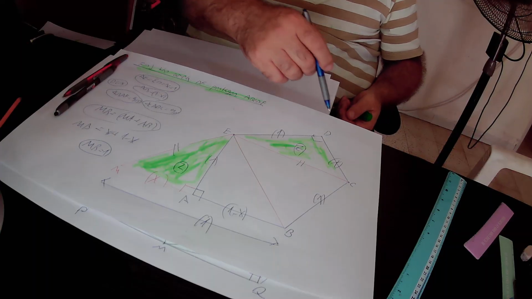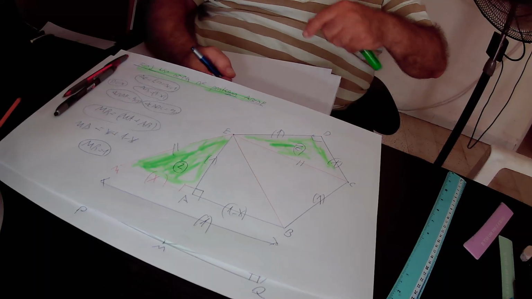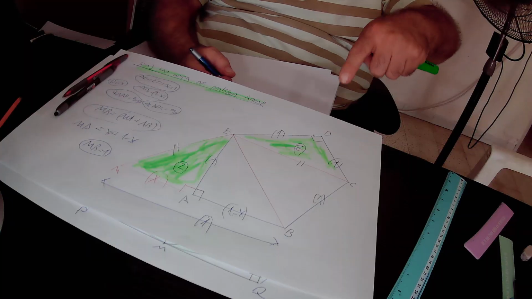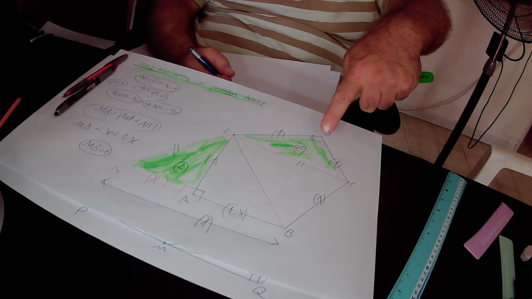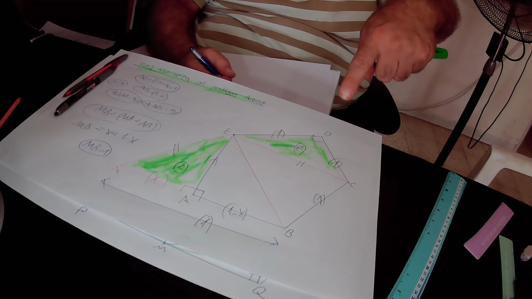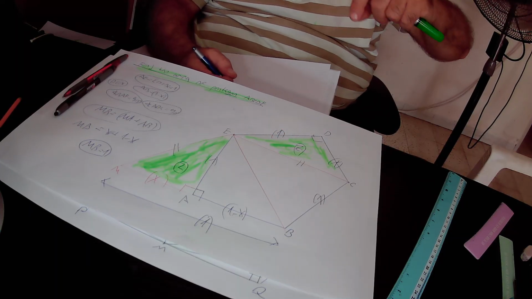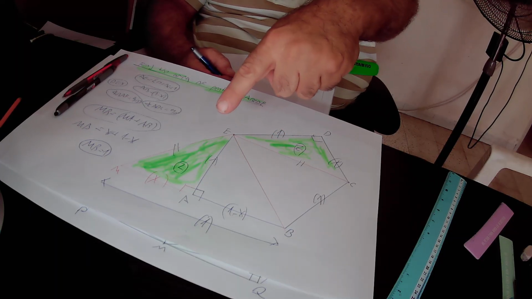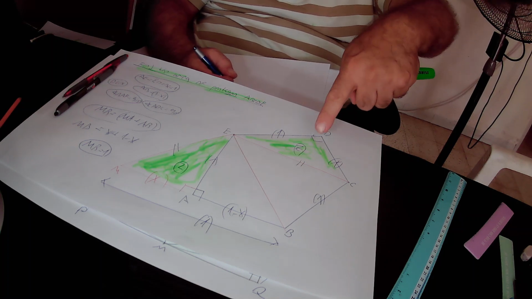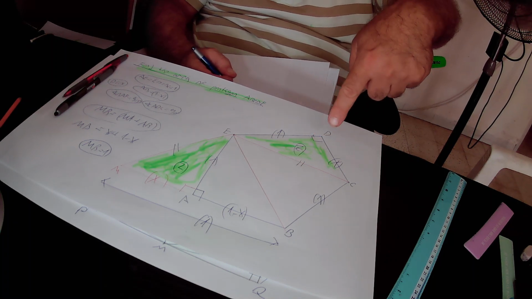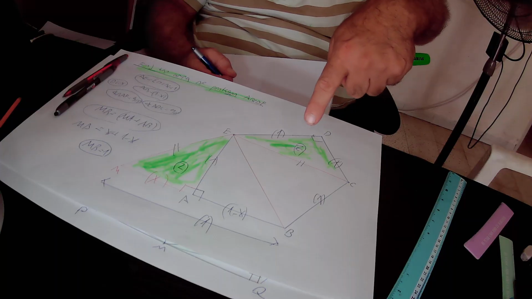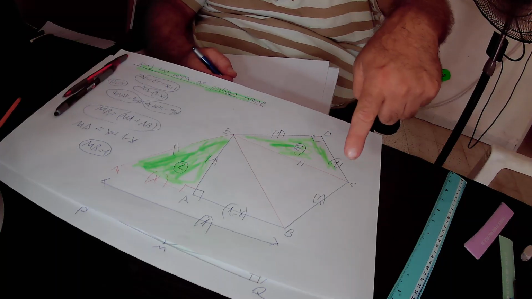It consists of this right triangle EDA plus this quadrilateral EABC. Therefore, the area of the big pentagon will be equal to the area of the right triangle EDA plus the area of this quadrilateral EABC.